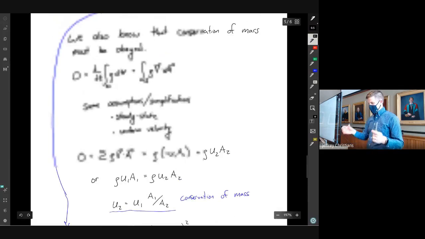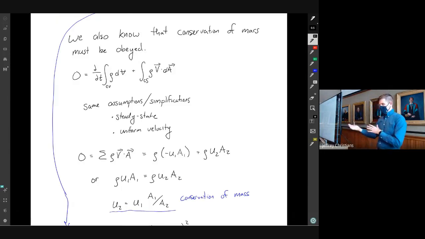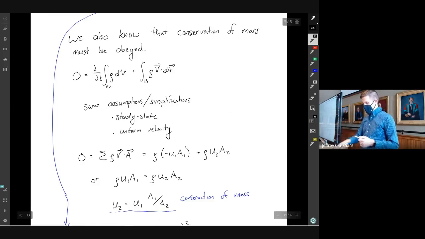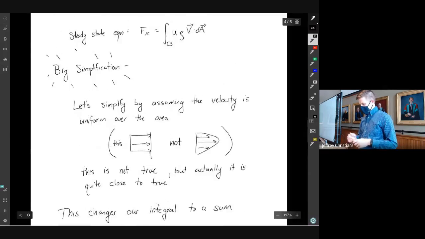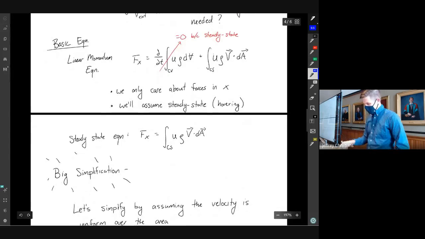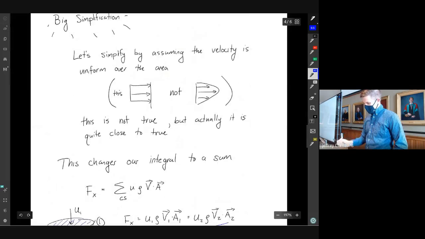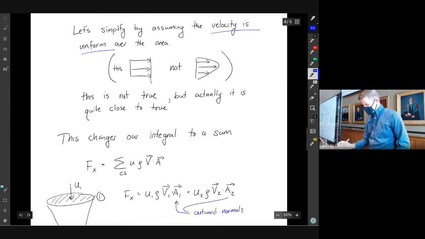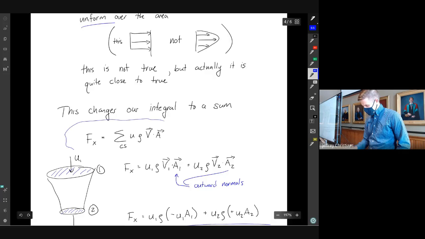The big things, we're always going to be using conservation of mass. Almost always going to be using conservation of mass in tandem with the linear momentum equation. But the real big thing is usually, if we make this assumption where we have uniform velocity, that gives us that as a starting place.